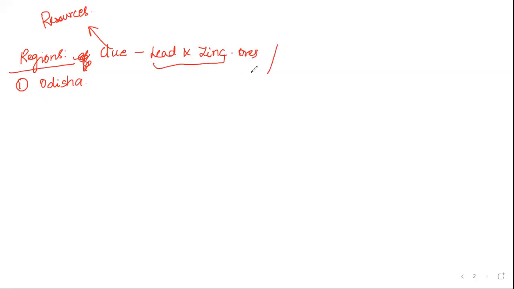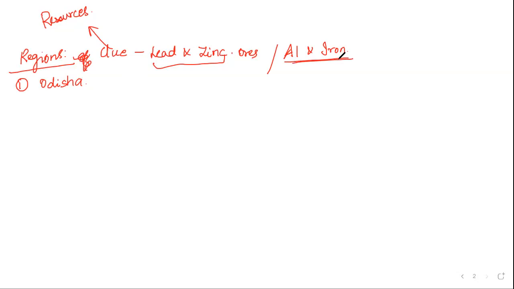Similarly, there is one more clue with respect to India: aluminium units and iron ore extraction places mostly coincide here and there. So this is a clue, maybe you can use it. Lead and zinc is a proper thing. This is a small clue.